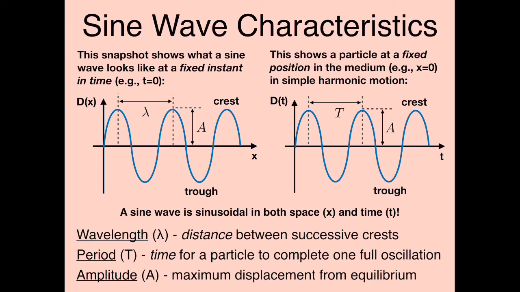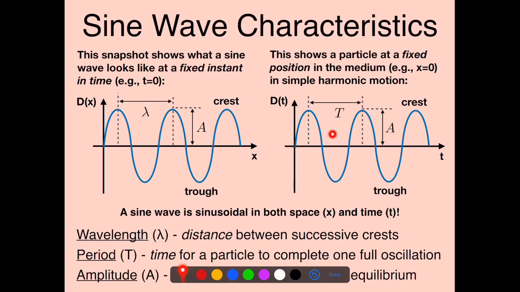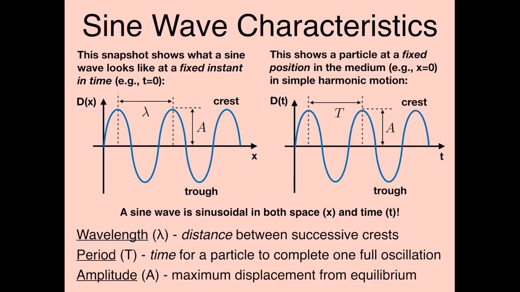That's the time it takes this particle in our medium to undergo one full oscillation. So here, think about this. It starts at equilibrium, reaches maximum displacement. We go down to negative A, and then back up to our maximum displacement, and then we just repeat that. So of course, the amount of time it takes to undergo that one full oscillation is called the period. We use capital T for that.